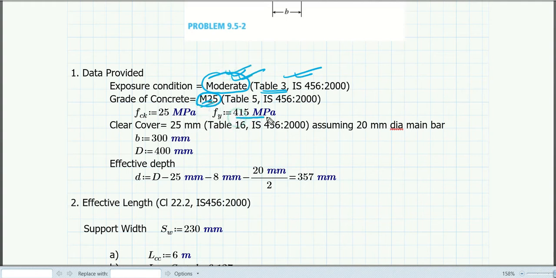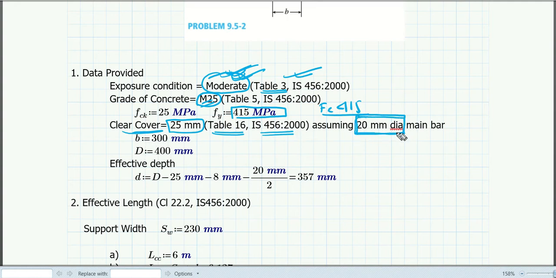and the grade of steel we have considered is Fe415, that is 415 MPa. And the clear cover we have considered is 25 mm as per Table 16 of IS 456, considering the moderate exposure condition, and we have assumed 20 mm diameter main bars, that is tension bars.